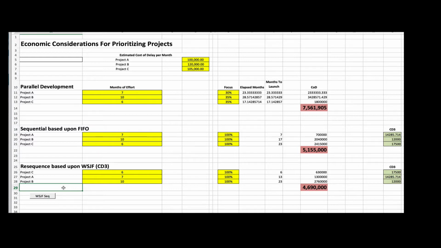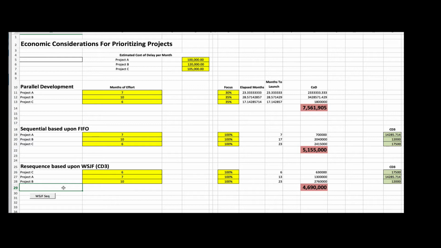If we're to do those things, we'd see the cost of delay would be $4.69 million. So again, a savings of $450,000 or thereabouts, a significant sum of money simply by doing these in a different sequence.